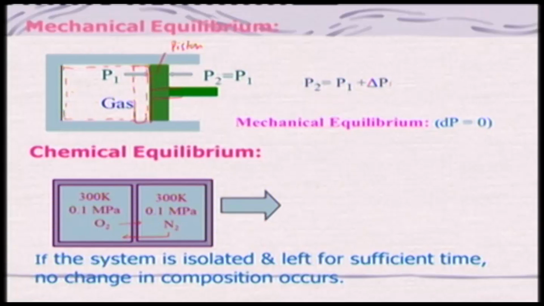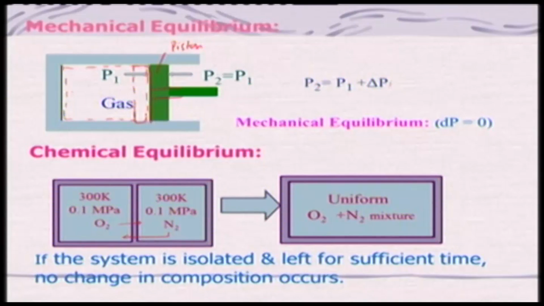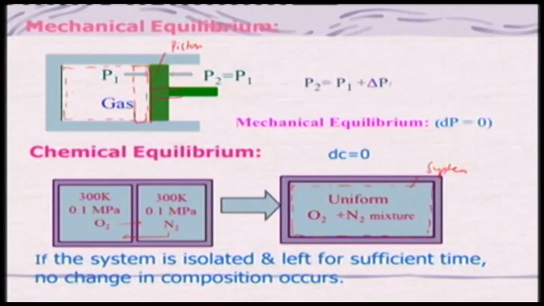If I say this is my system, across everywhere it will be uniform, provided you have given enough time for the diffusion to take place. As a result, the change in concentration will be 0 in the system, the concentration is uniform. So, then we call it a system that has attained chemical equilibrium.